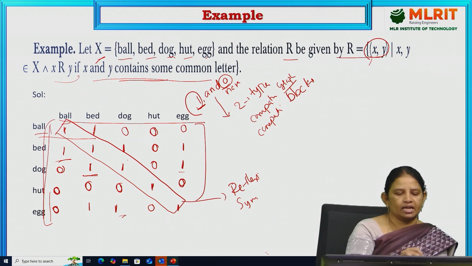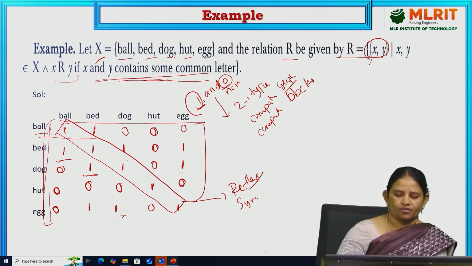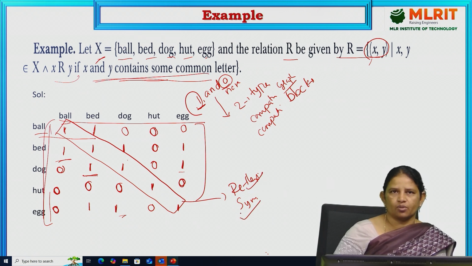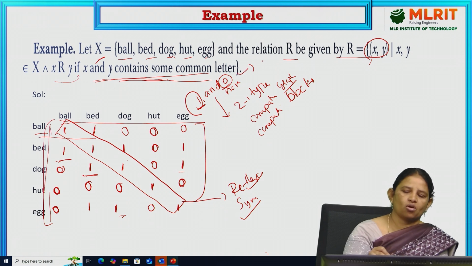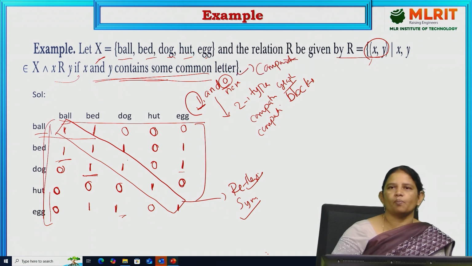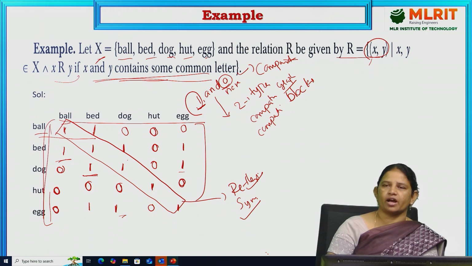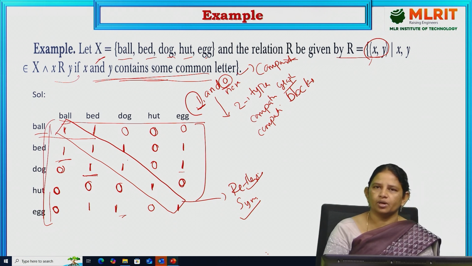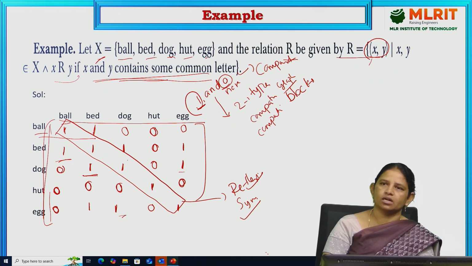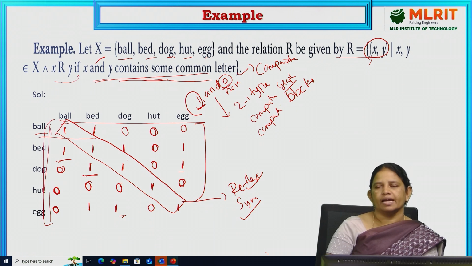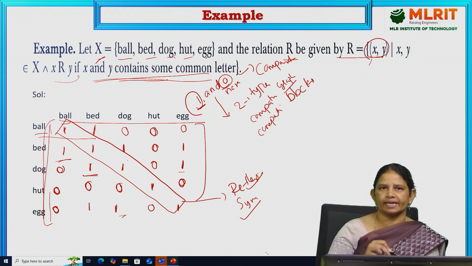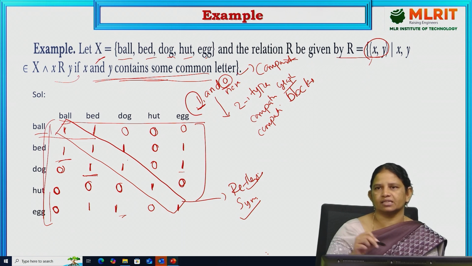If any relation consists of a reflexive property and a symmetric property, then it is called a compatibility relation. The compatibility relation is verified by using the compatibility graph or the compatibility matrix. The compatibility matrix is constructed by taking the x-axis and y-axis, in matrix form.